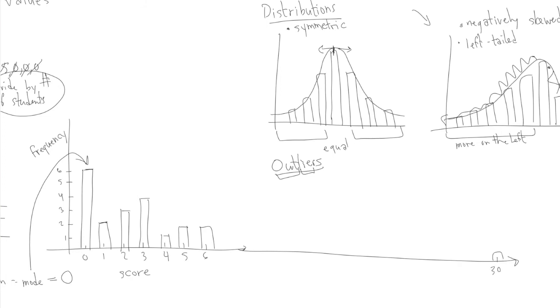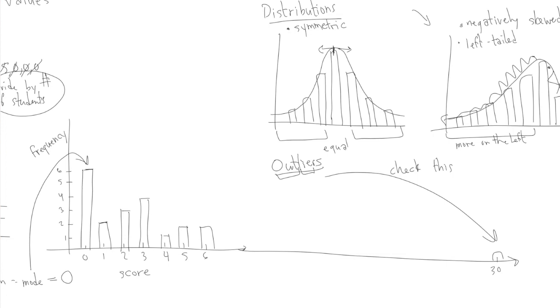This is an outlier. It lies way outside where the rest of the data are, and so we might want to check that. We might look at the gradebook and say, I don't think it's possible to get a 30 on the exam. So we look through, and we actually meant to type 3, we just typed in a 0 after the 3, that's why the outlier happened.